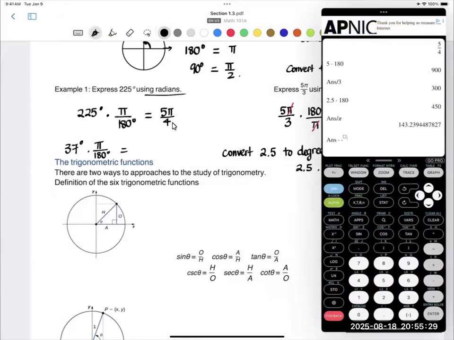We will have 37 over 180, and it's going to be hard for me to simplify the fraction. Then we convert that to a decimal. We multiply by pi and divide by 180, and there's going to be about 0.65 radian.